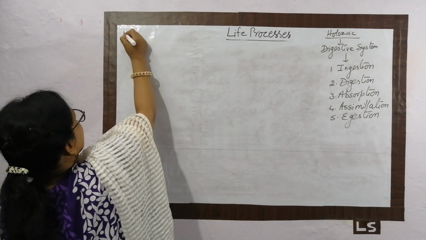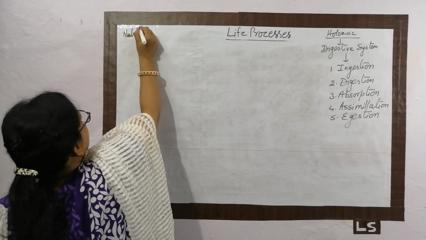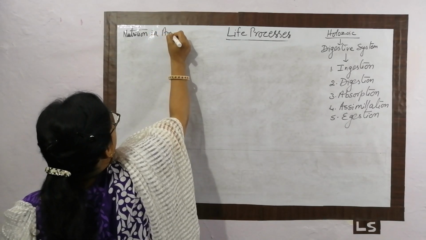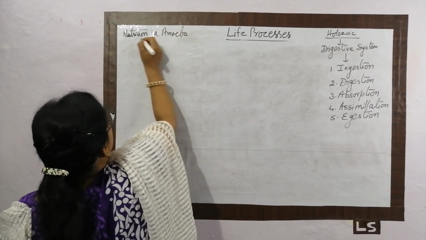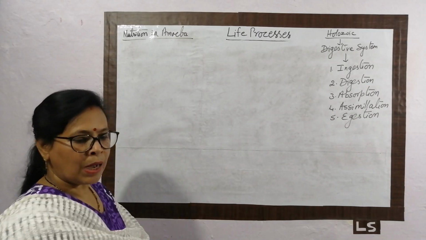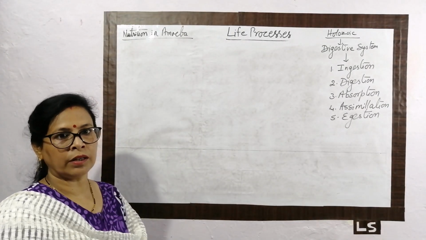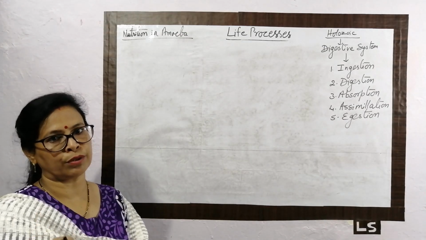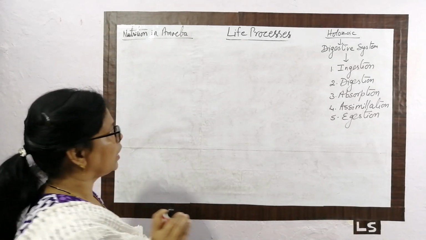Now, the topic is nutrition in amoeba, or digestion in amoeba. Amoeba is a unicellular organism, a single cell organism, but the holozoic mode of nutrition is present in the amoeba.